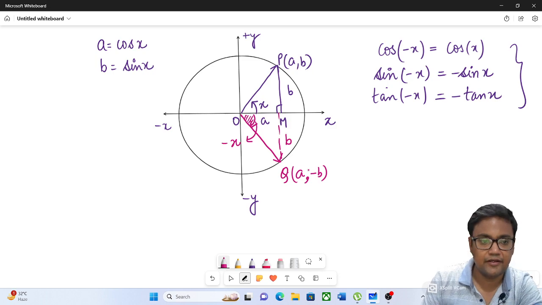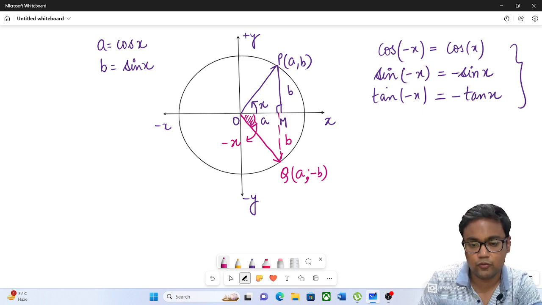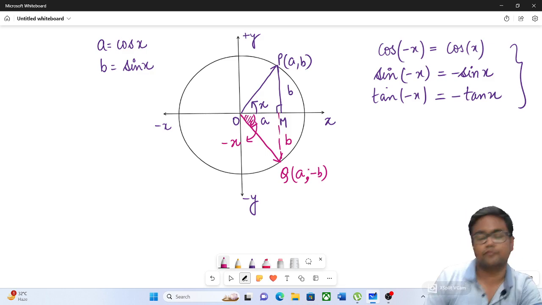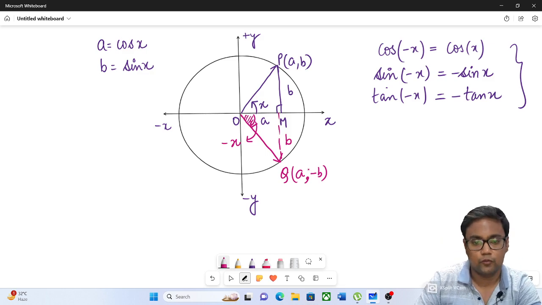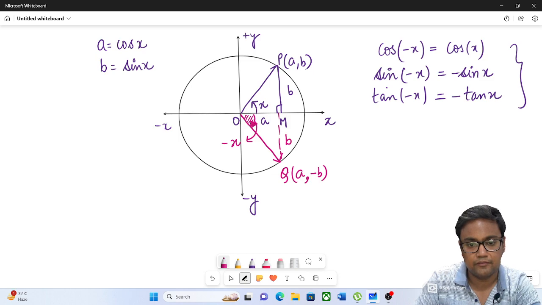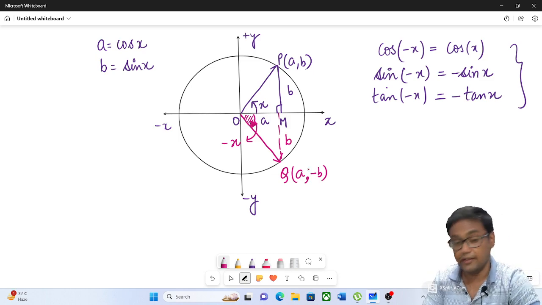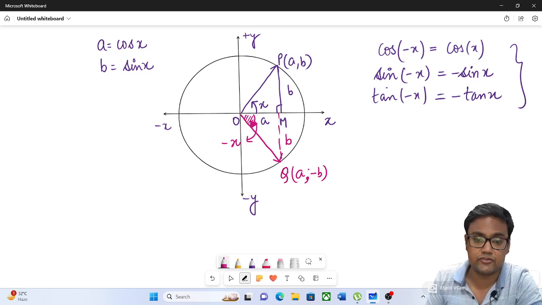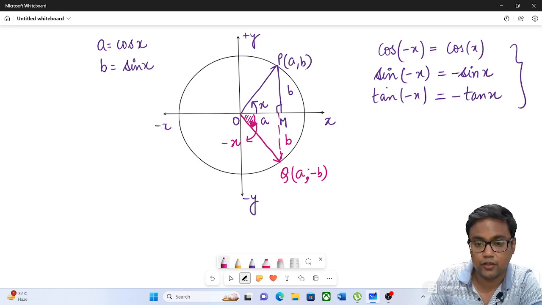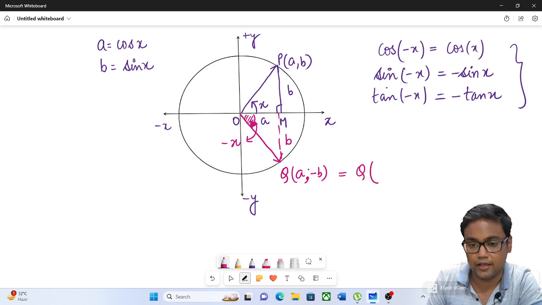Now, clearly children, we can see that in the fourth quadrant where the angle has become minus x, the rotation by that revolving ray OQ in the negative direction, that is the clockwise direction, has happened. So, now this ordered pair can always be written as cos of x, right.